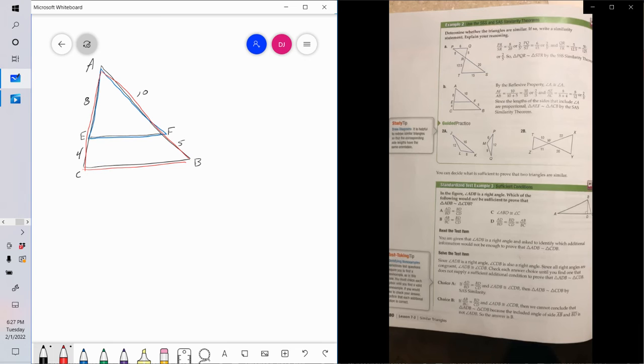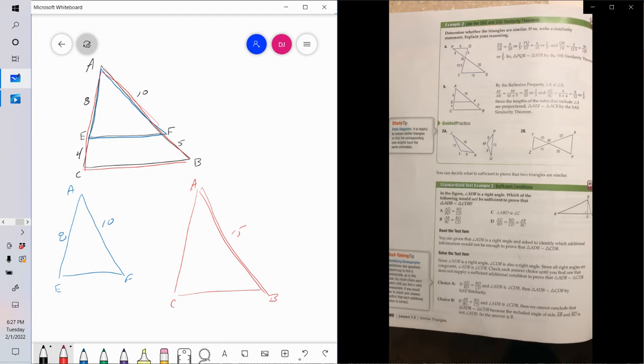Okay, so let's separate those. We've got AEF, where AE is 8 and AF is 10. We then have the larger triangle, ACB or ABC, where AB is 15. You see how I get the AB is 15?